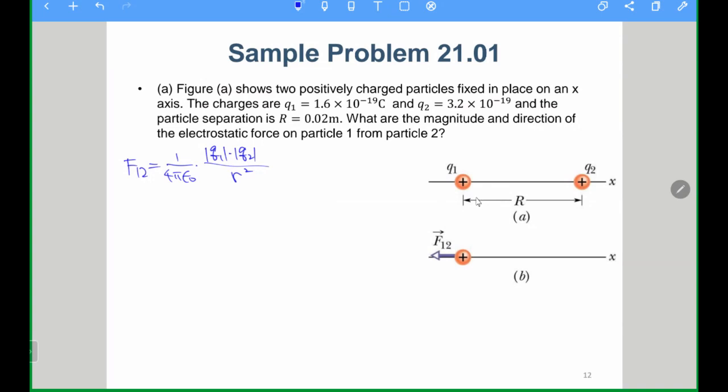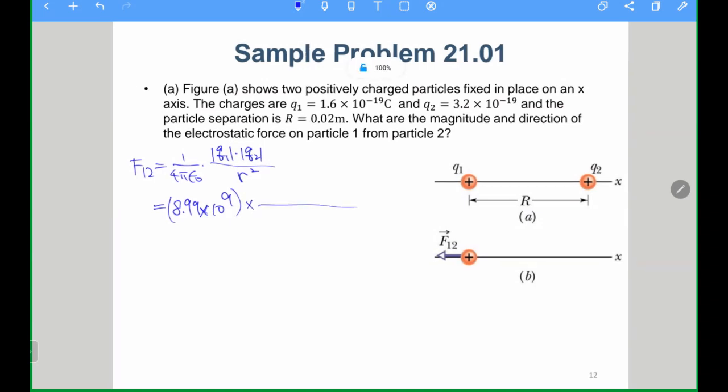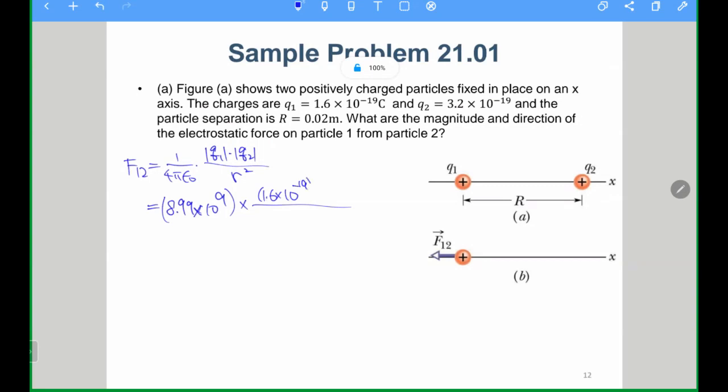by another way. So 1/4 pi epsilon naught is K, which is 8.99 times 10 to the 9th power. In the middle, I don't expect you to write all the SI units, but for the answer, you need to put the full SI unit for the variable. So here we have K times Q1, which is 1.6 times 10 to the minus 19, and Q2, 3.2 times 10 to the minus 19.